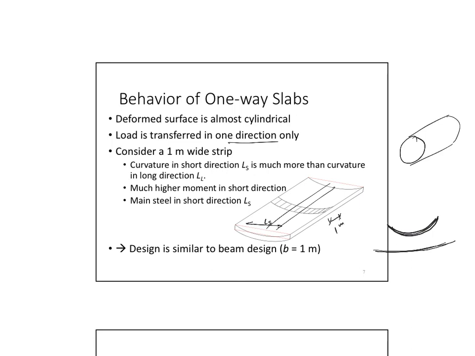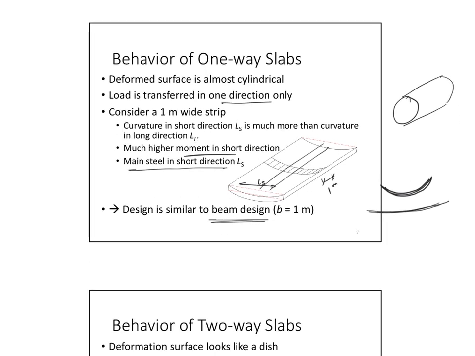Because the load is predominantly going in the short direction. Much higher moment in the short direction and main steel in the short direction. Design is similar to a beam design, exactly like a beam, but I know that b equals 1,000 millimeters, and then h equals the thickness of the slab.